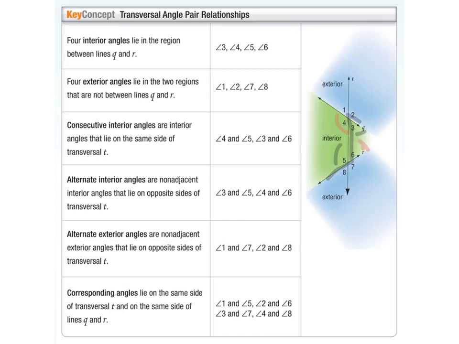Okay. Corresponding angles lie on the same line. So in this case it's going to be 1 and 5. So you can have angle 1 and angle 5. They are corresponding. In other words, this guy and this guy are the same, and you can do the same with 4 and 8, 2 and 6 and 3 and 7.